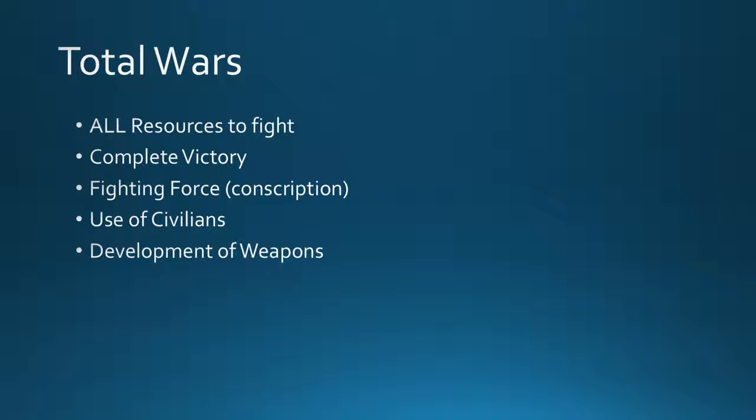What we also see in total wars is that we are using the most sophisticated weapons available, and as the war is happening, we are continuing to develop weapons throughout. That's part of ensuring victory. You can think about World War One, all the new weapons and technologies that we saw.